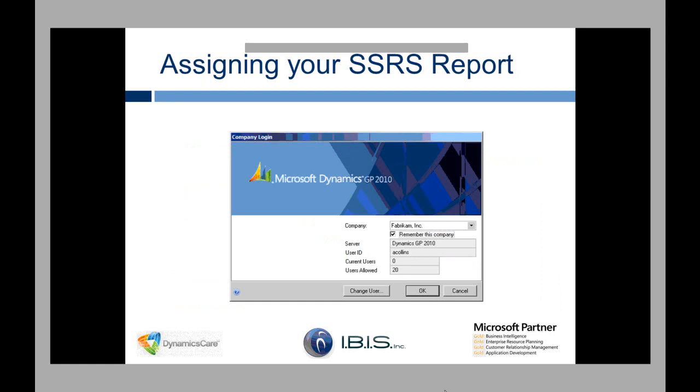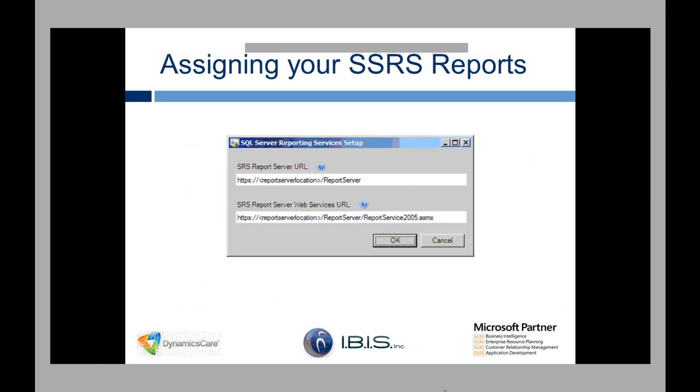So once you are in GP and you're setting up the Forms Printer, you need to connect it to the report server. So this is very simple. You just have the report server location, and what this is doing is pointing towards the report server that I just showed you. So this would point to my report server.